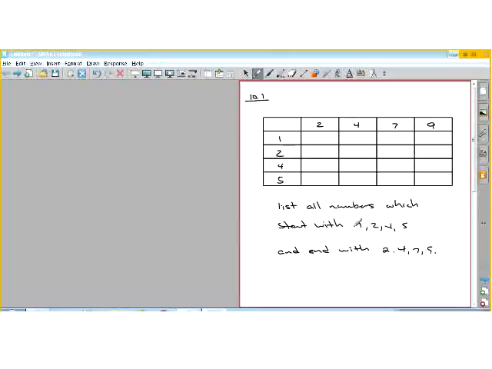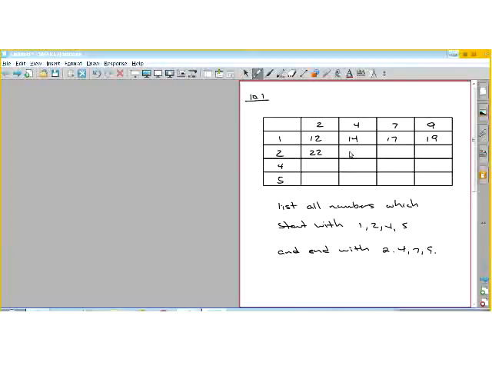And start means the first number of a 2-digit number, and ends with these. So what I would do is say, okay, the first number is what I have here in this row, and these are the second number. So then I would just write out this. It is just a way of organizing the process of listing all these numbers.